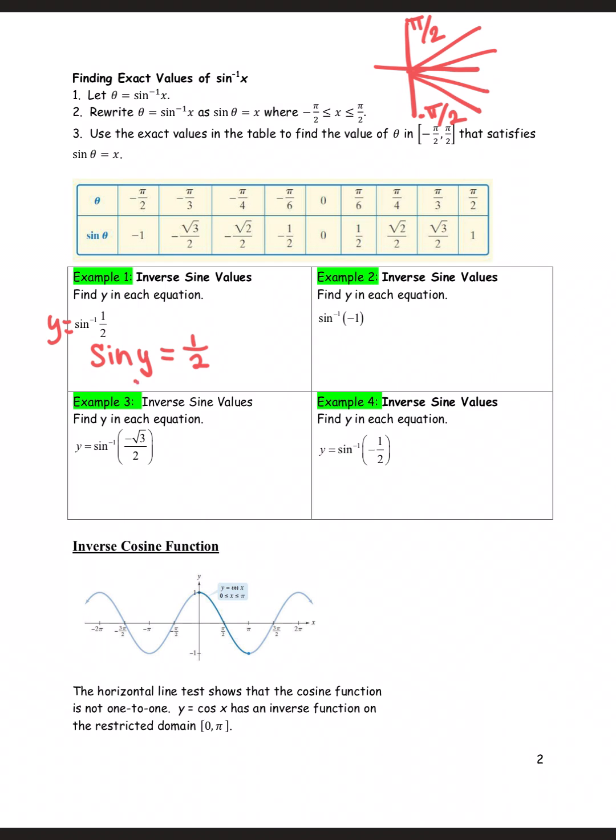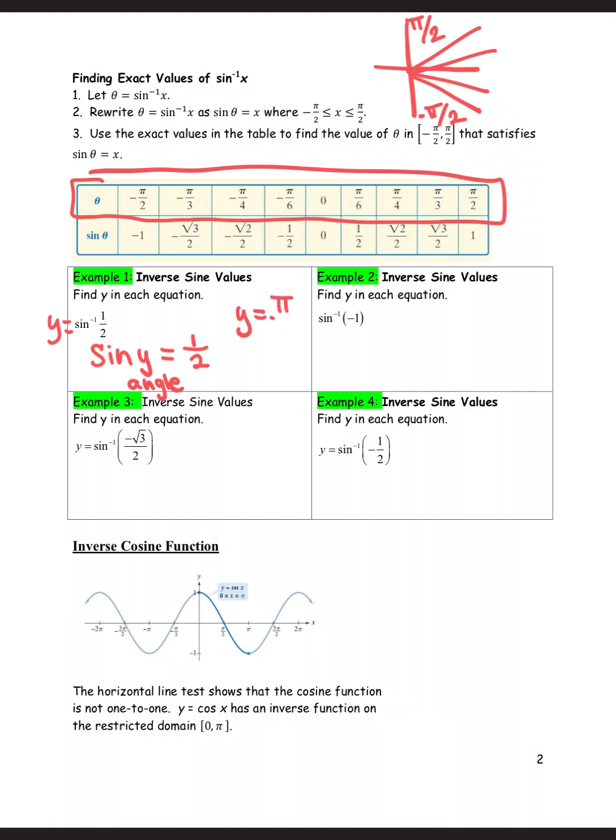Remember, this is the angle, and the table is based on theta. Here I have the variable y, it doesn't matter. So where does sine of y equal 1/2? And our answers can only be between negative pi over 2 and pi over 2. And that occurs at pi over 6. So that means y is equal to pi over 6.